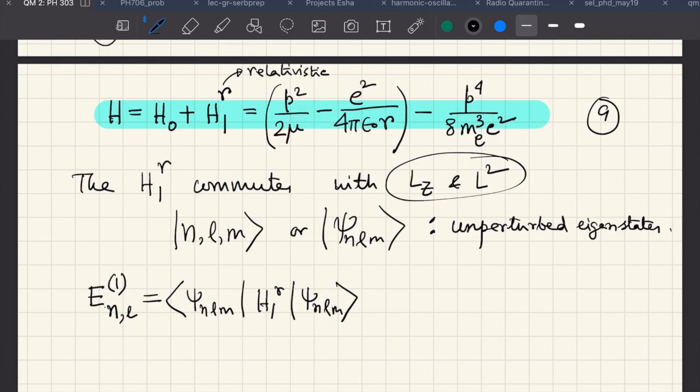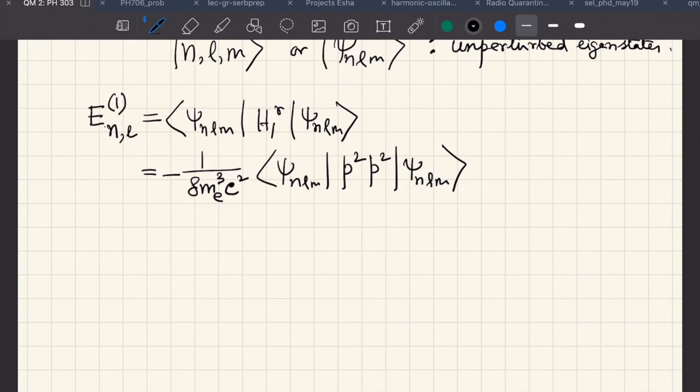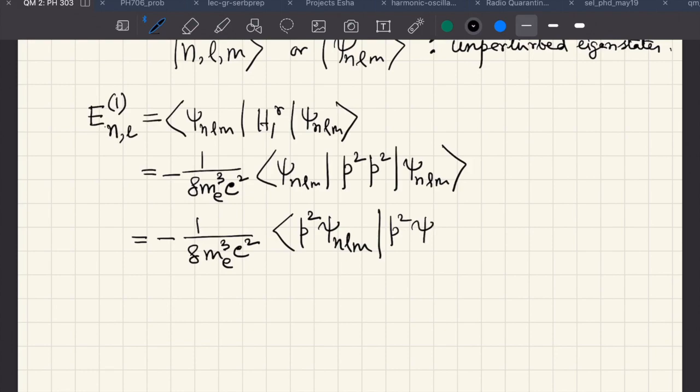So this is going to be minus 1 by 8 me cube c squared, psi NLM, p squared into p squared operator, psi NLM. Using the hermiticity of the p squared operator, we can write this as p squared psi NLM, p squared psi NLM.